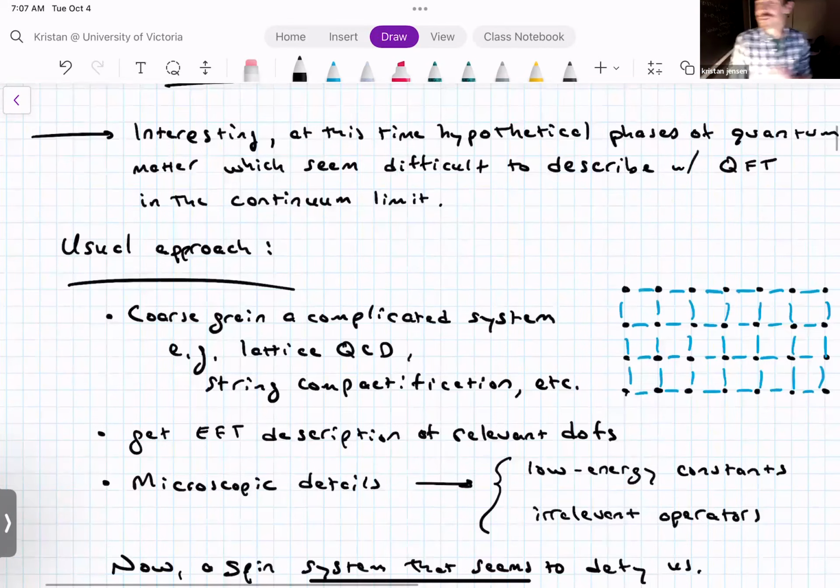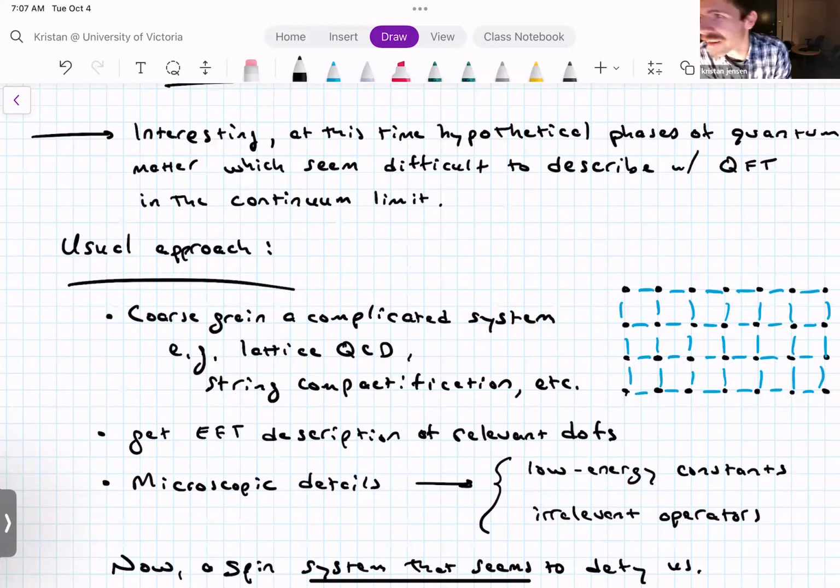Let me remind you of the usual things that are true for many lattice systems. Usually, you take your favorite complicated system of interest, like lattice QCD or a string compactification, what have you. It's very complicated. It has many degrees of freedom.